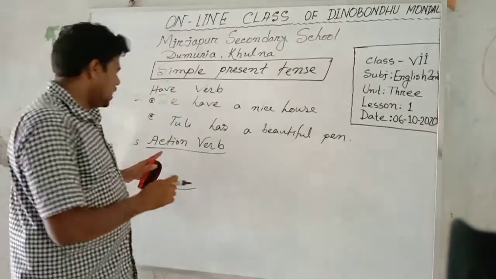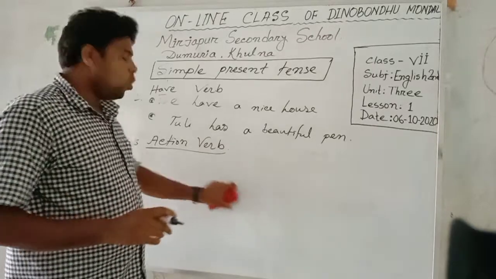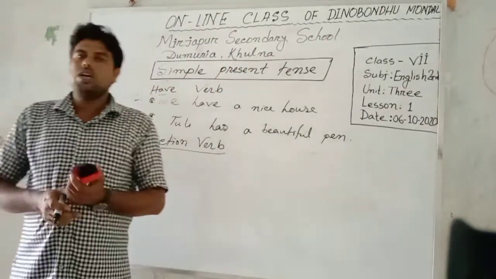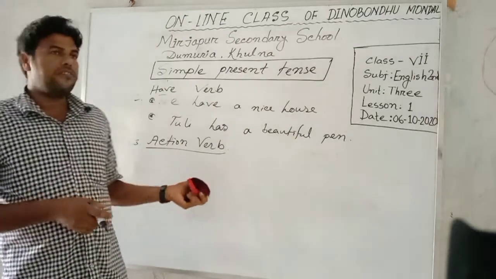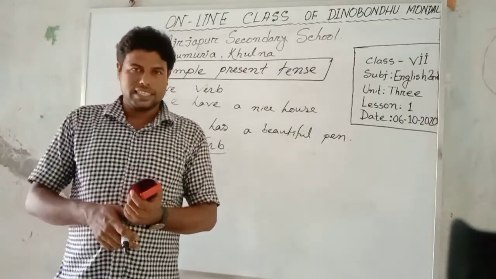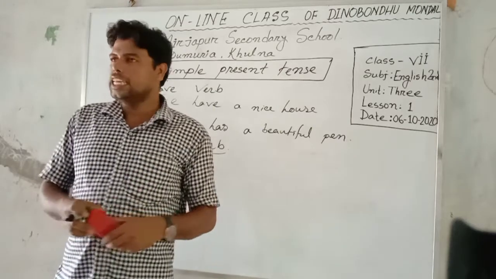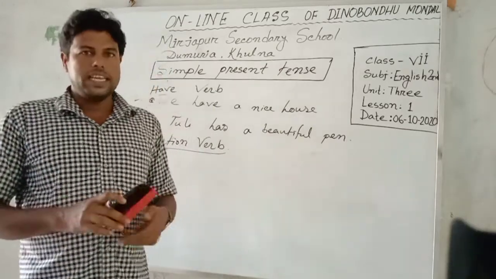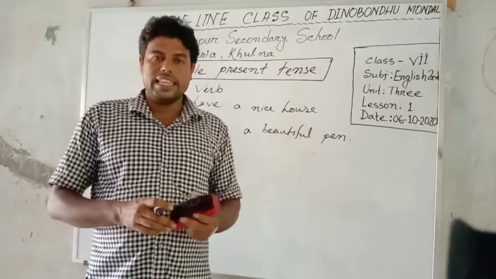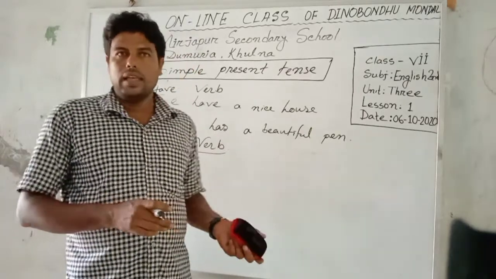So now action verb. When something occurs, an action verb is used as the main verb of a sentence. So when we use this type of verb with simple present, then it is called action verb.